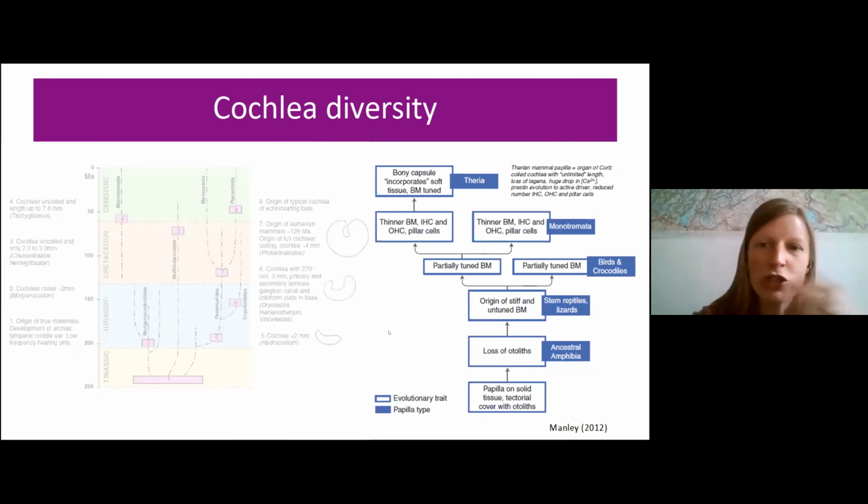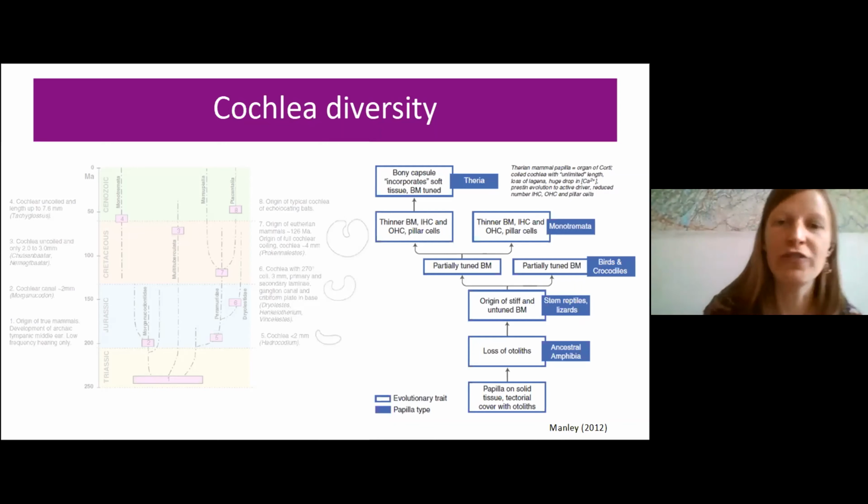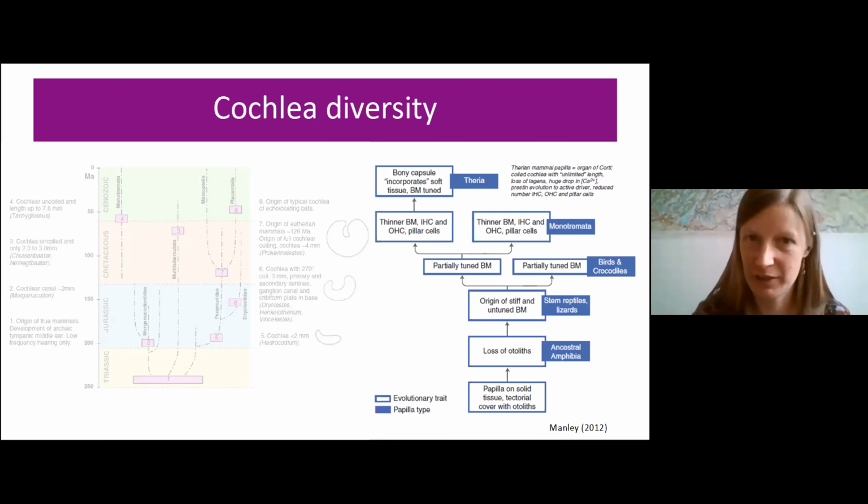Also, in terms of the structure of the organ of Corti, you have many different innovations. This is for vertebrates in general. And for the mammals on the left, you have innovations in the outer and inner hair cells. And you have a thinner basilar membrane compared to reptiles or birds. So you have a lot of innovations and a lot of diversity.